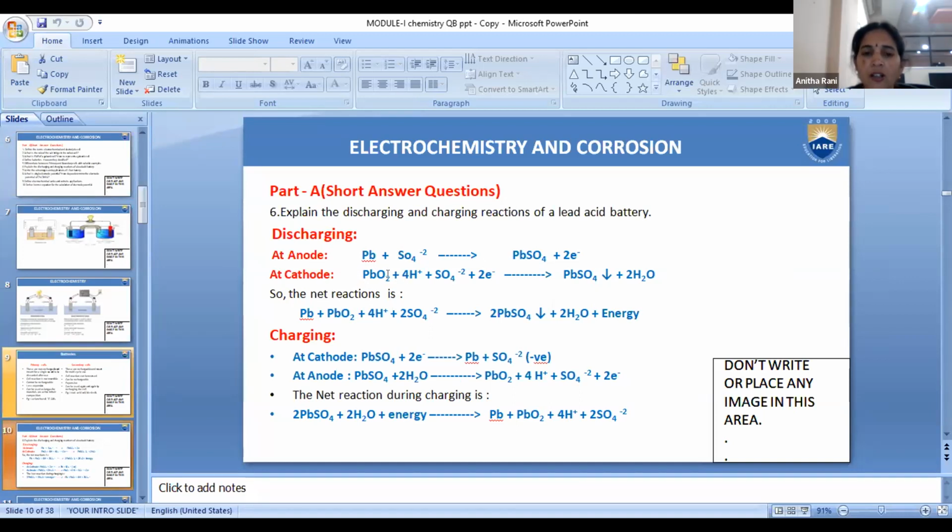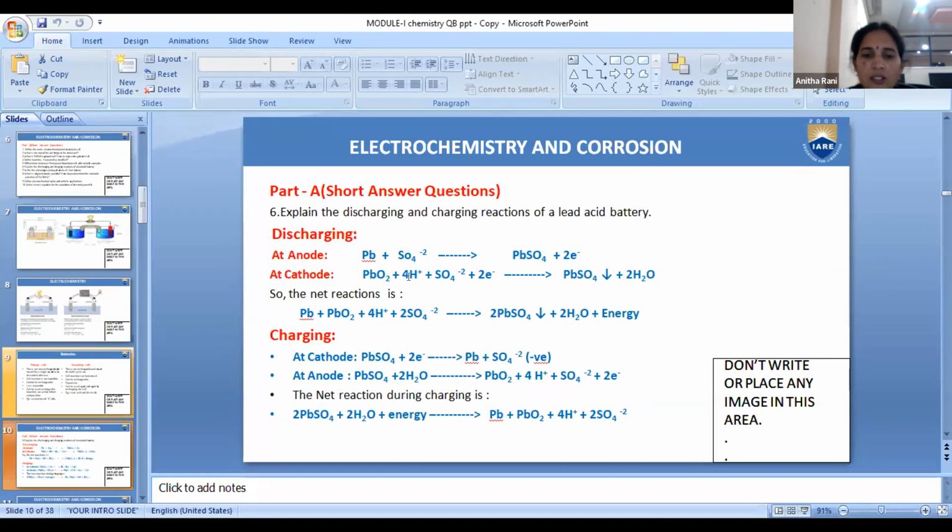At the cathode, lead oxide gains electrons in the presence of H2SO4 and is reduced, again forming lead sulfate at the cathode, plus 2H2O. So we got lead sulfate at both anode and cathode during discharging.